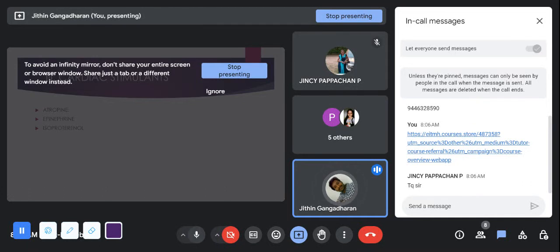Next side effect, kindly put a star mark on this one. It is an anticholinergic effect. You will hear the word anticholinergic effect multiple times. What do you mean by anticholinergic effect?